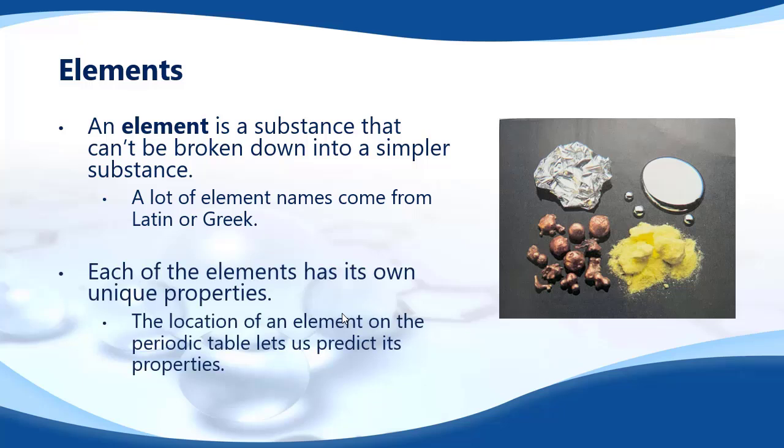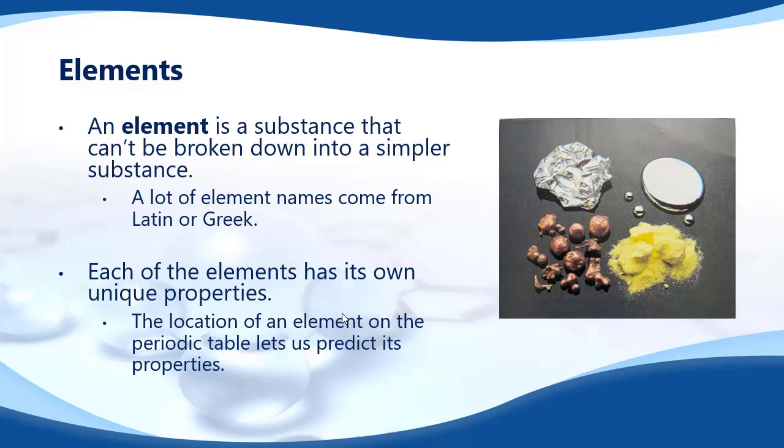Each element has its own unique chemical and physical properties. One of the things we're going to cover later this year is we're going to go into the periodic table and figure out, based on where an element is located, what its properties are going to be, because we can actually predict these things, right?